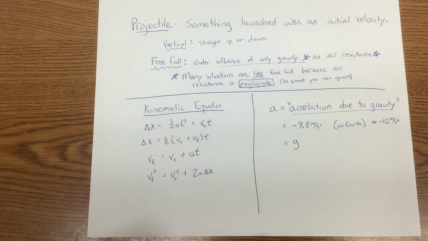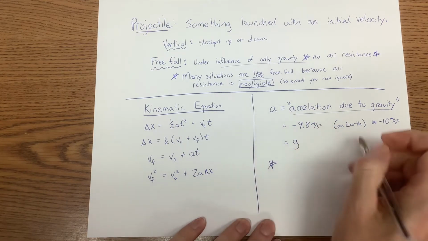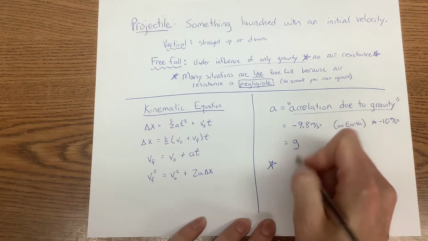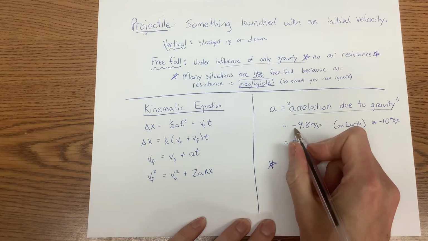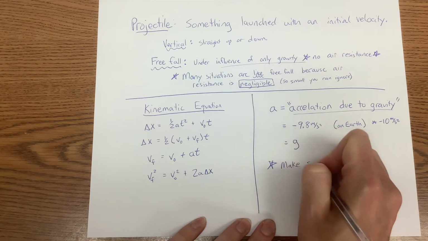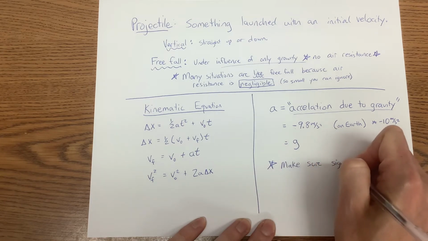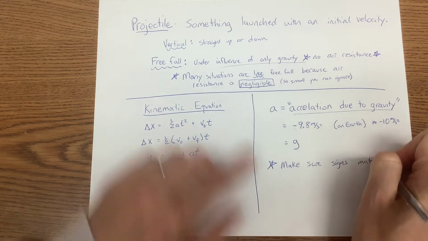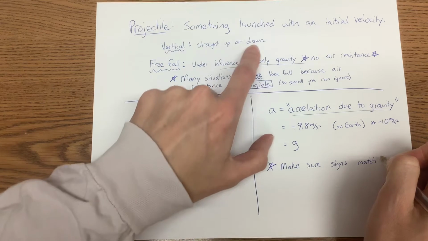Okay. So the thing that you need to know about that is that because of this downness, you need to make sure that your signs match. Make sure your signs match, because we can throw things up or down.